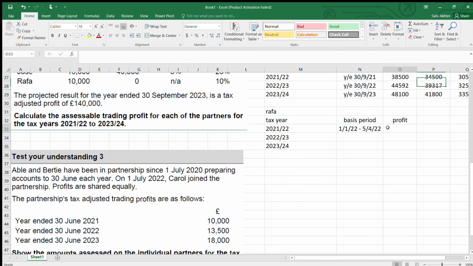Okay. So here 11,550 into 3 months out of the 9, 3,850. Then the next tax year, because he does not have a full year in the tax year, here it will be the first 12 months from the date he started commencing.